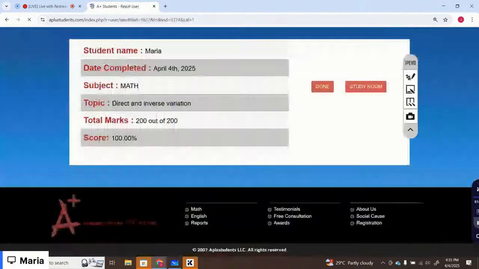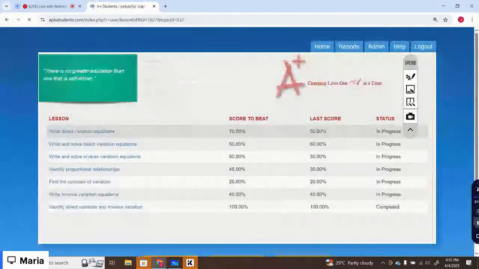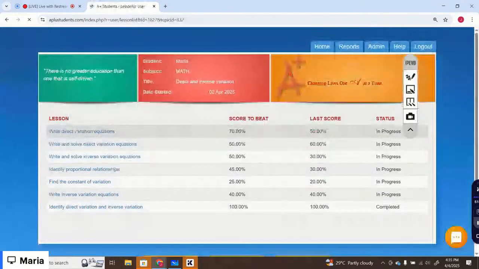Okay, we are done with the lesson. Also, we are done with the chapter direct and inverse variation. If you have any questions from the chapter, either it is your homework, please ask. I'm here to answer all your questions and confusion.